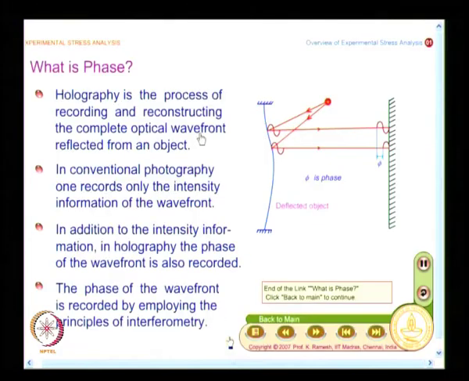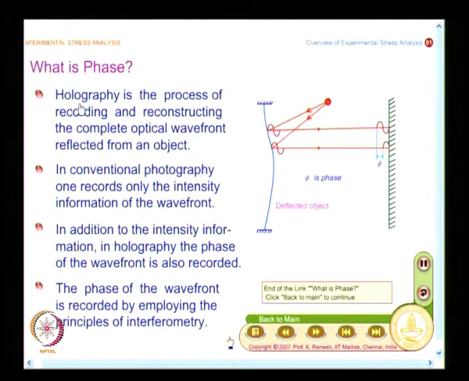So that makes holography different. How is this phase information recorded? It is recorded based on principles of interferometry, and we will see the ideas listed here.